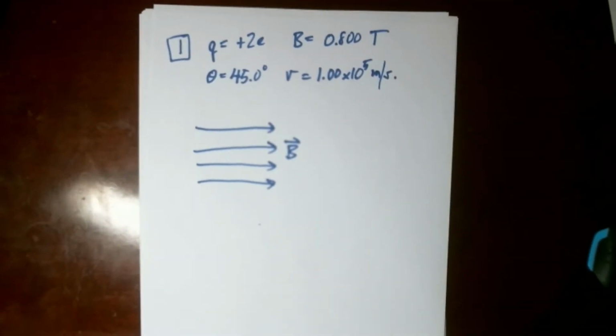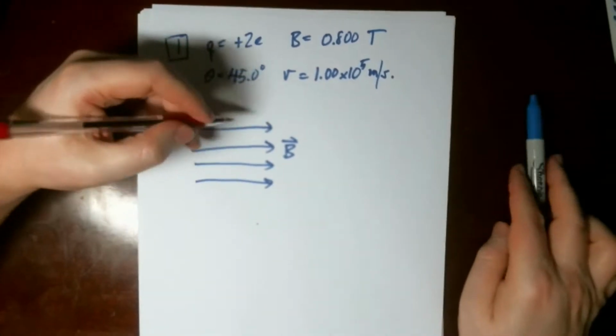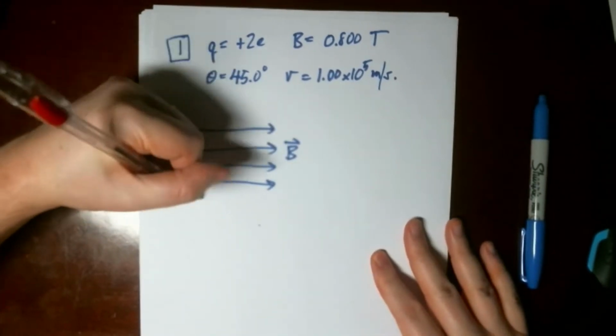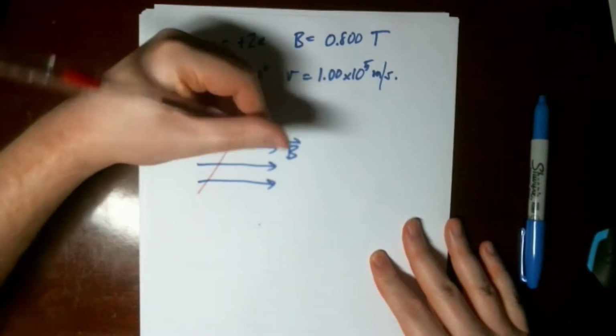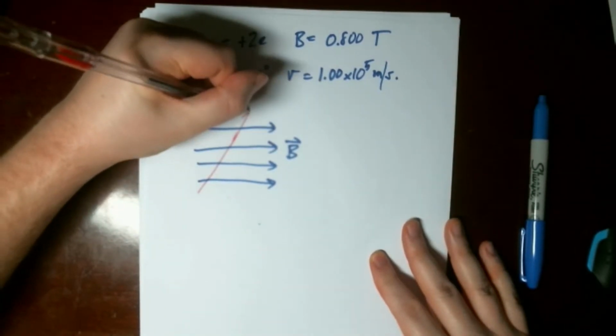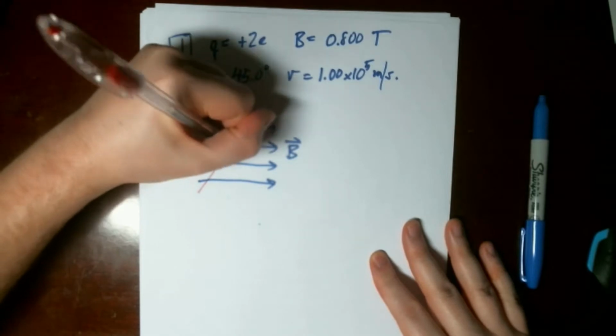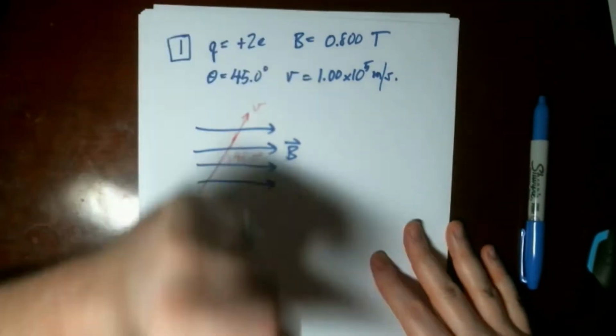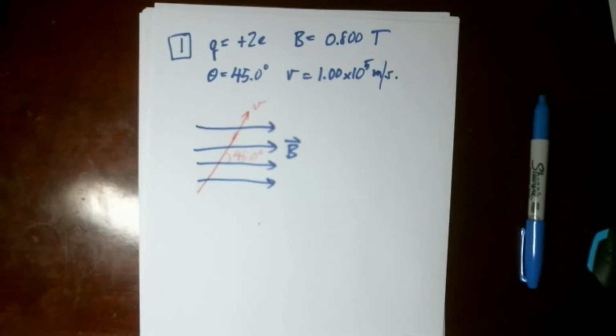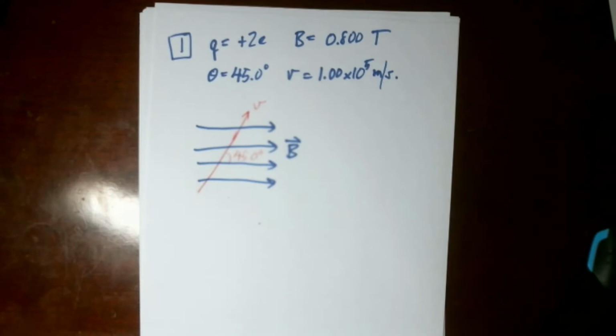In the red pen, I will draw the trajectory of the helium nucleus. So here's our helium nucleus going through, at an angle of 45 degrees with velocity v. And we want to find the magnitude of the magnetic force on this helium nucleus.